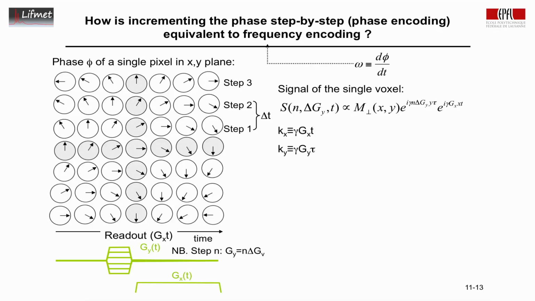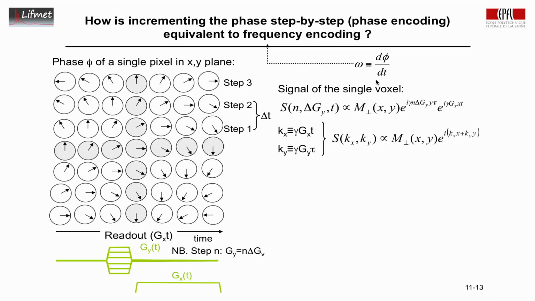And now I will introduce the definition of two variables, kx, that's gamma gx t, and ky, which is gamma gy tau. These are the phase terms. With these definitions, we can rewrite our signal as a function of kx and ky.